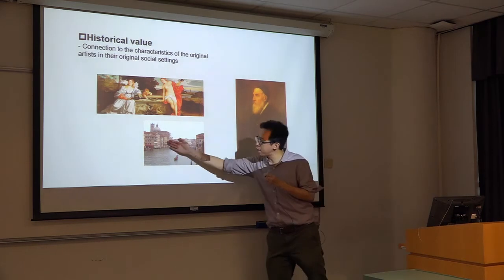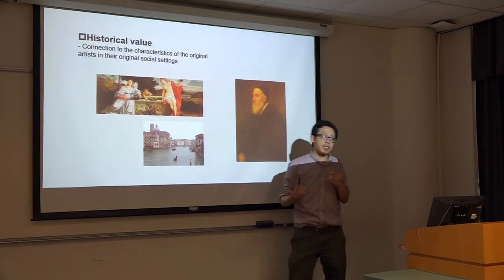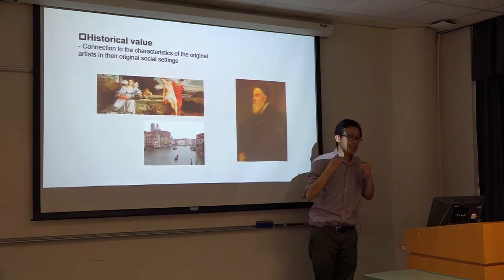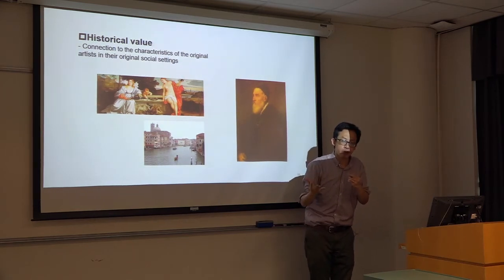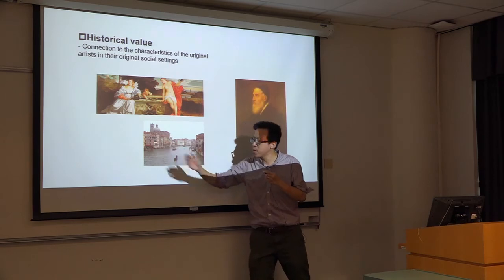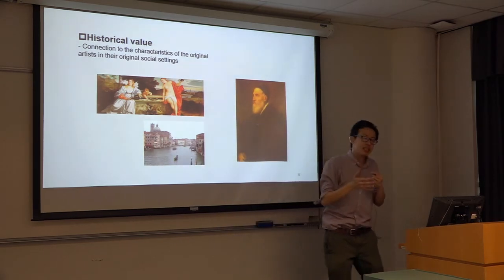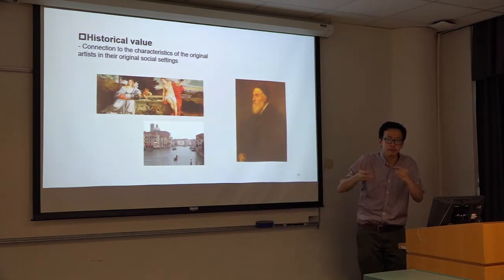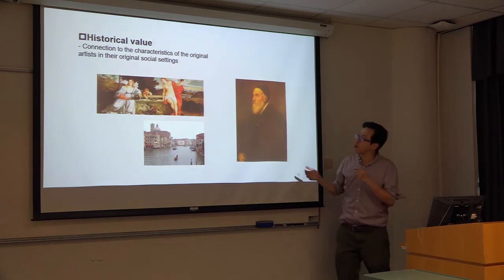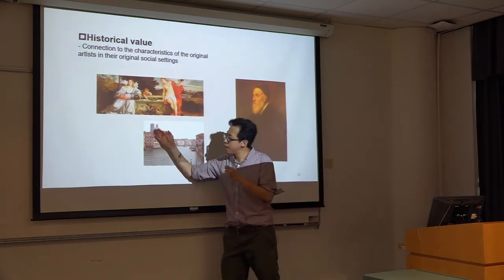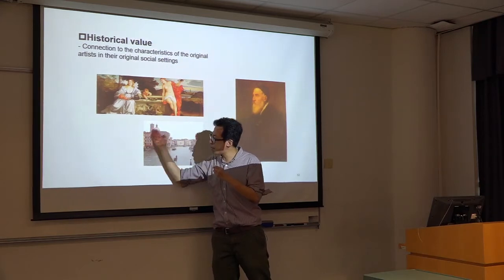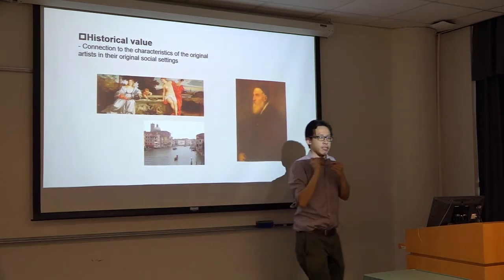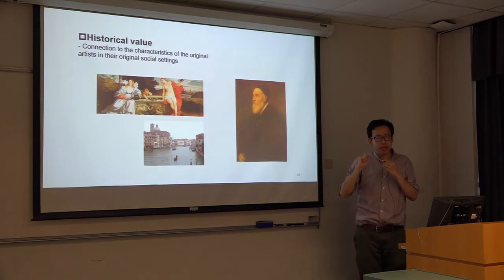For conserving a building, we need to understand what the general architectural style was at the time, what kind of building materials were used, how people planned and designed their buildings. So when we try to conserve a cultural heritage, not just a painting but also a building, we can have some guidelines. We are not putting things together just based on our imagination.